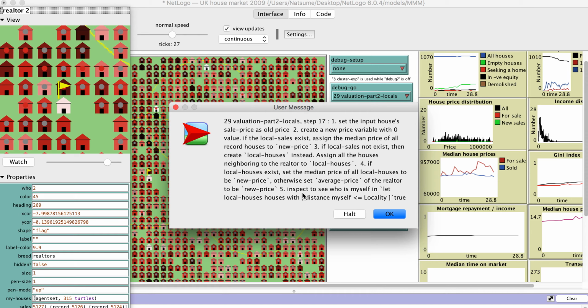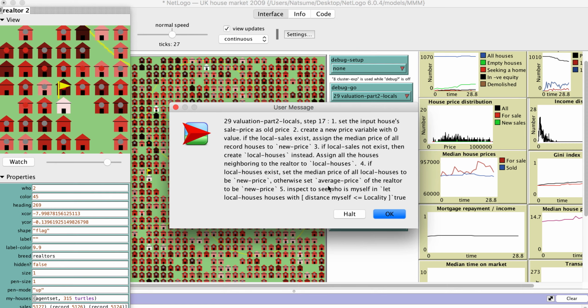Okay. Here is another difficult part to understand, which is this sentence. Let local houses be the houses with distance myself smaller than locality. We know that this myself is not houses. It is the upper level, upper context, which is realtor.